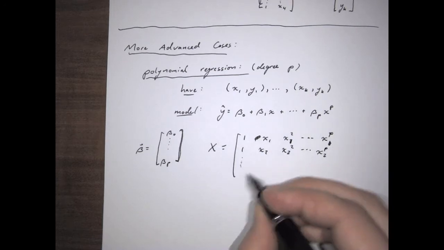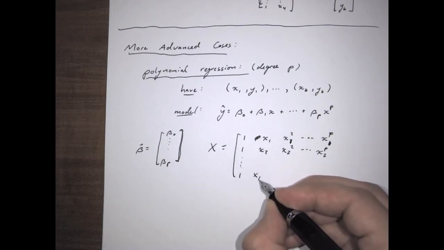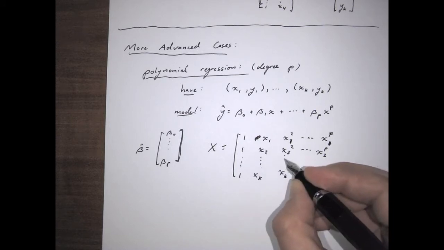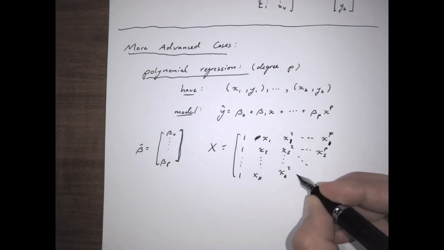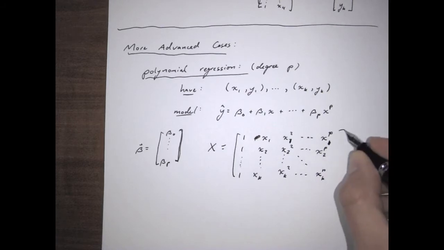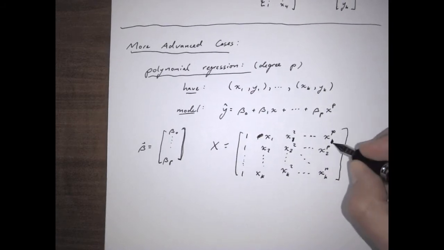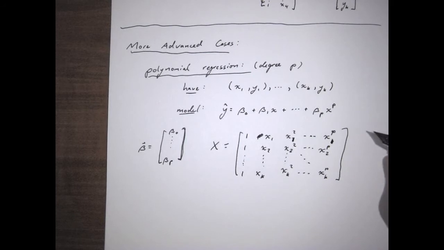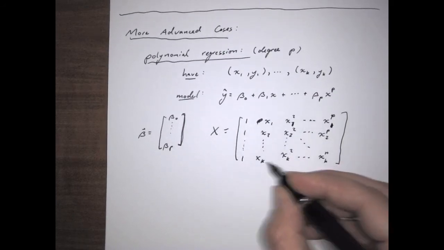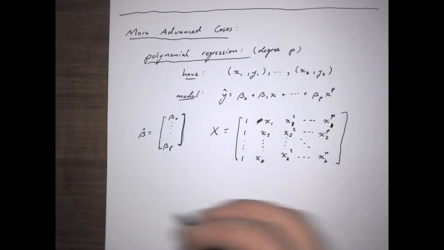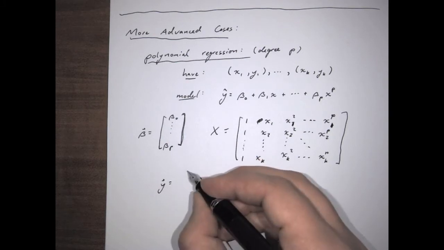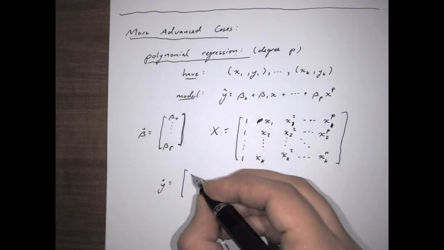And then down until you get to 1, xk, xk squared, dot dot dot, and we have xk to the p. So each row is devoted to a specific data point, a specific x, and it just goes up in powers. And then the y vector, which is the observation vector.